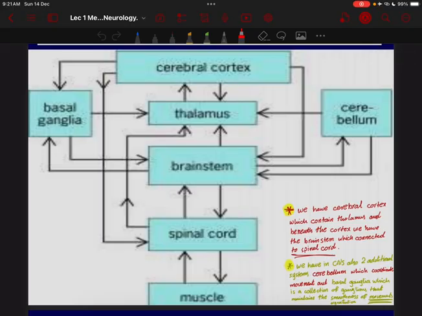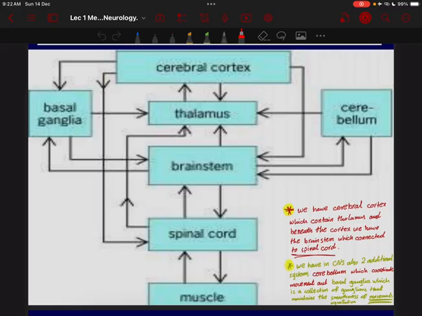We start with the central part, the main part, the cerebral cortex, on the top. Cerebral cortex, where many functions of the nervous system are carried out. And these functions and orders are sent down to the body through many systems.